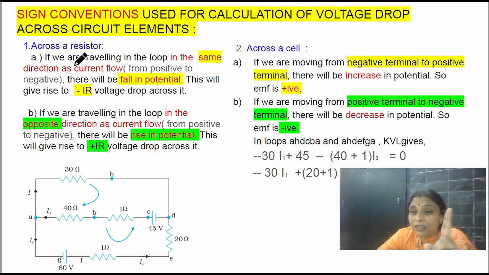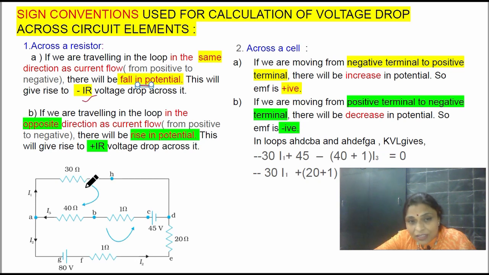Remember for the first law, current entering is positive, current leaving is negative. And for this, if it is a resistor, like we are taking this closed loop, we start moving, we come across a resistor, and this is the direction of our motion, and this is the direction of current. If both current and direction of motion are the same, we consider it as a fall in potential and we take the potential as minus IR.